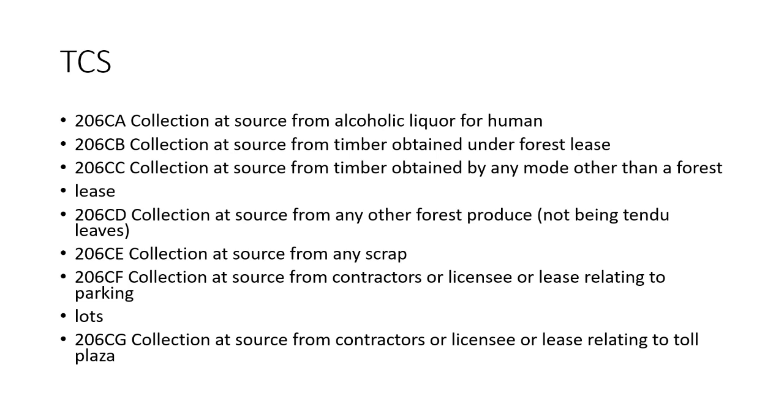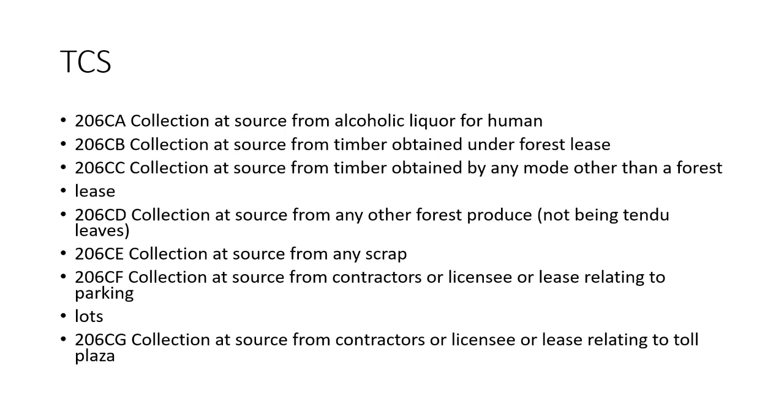Any other forest product, tendu leaves, for example, a bidi wrapper, when it is sold by the forest department, because tendu leaves cannot be grown without a license, the forest department will produce and sell it to the bidi manufacturers. When they collect and sell it, the tax will be collected on that. Then when any manufacturing company sells scrap, 1% tax has to be collected.